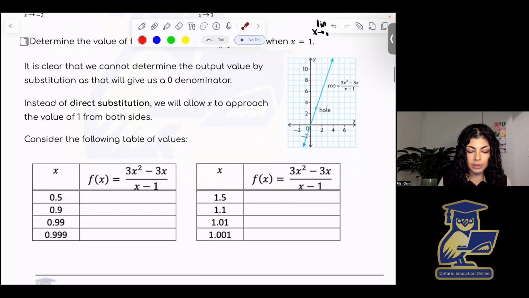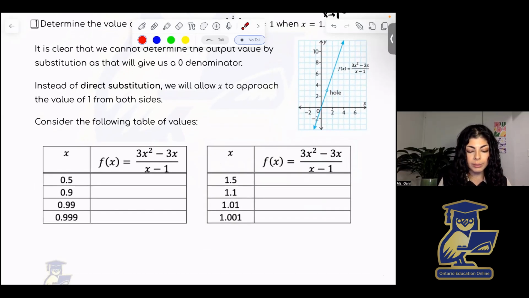Consider these two tables of values where we're going to be approximating the output value of the function for input values that are getting closer and closer to 1 from both ends. Starting first from approaching from the left, we start at 0.5, go to 0.9, and keep getting closer to x is 1. So let's find those output values.